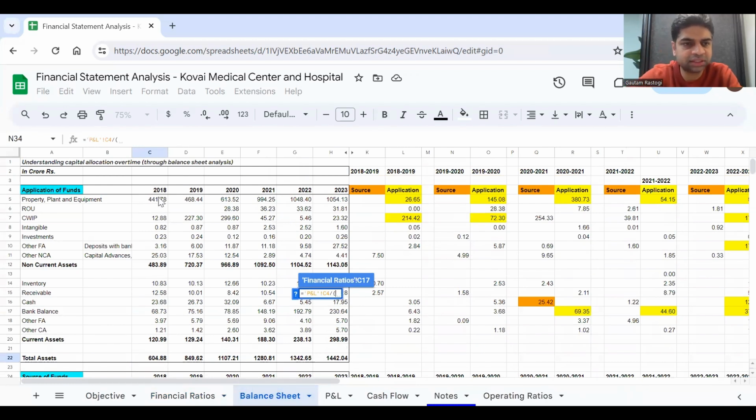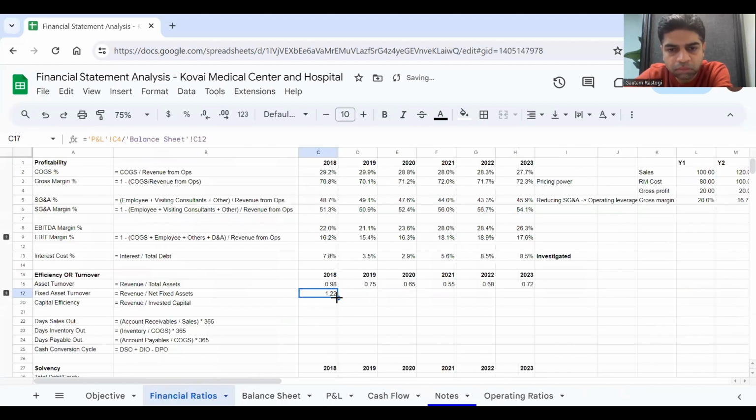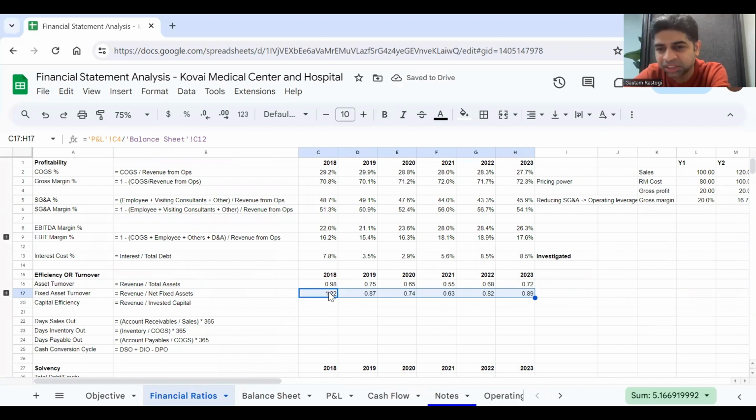In fact, we can take all the non-current assets. Again, a similar story here as well. It's slightly more than one, because obviously the denominator is smaller. We're just talking about the sales that they are generating on just their fixed assets alone.